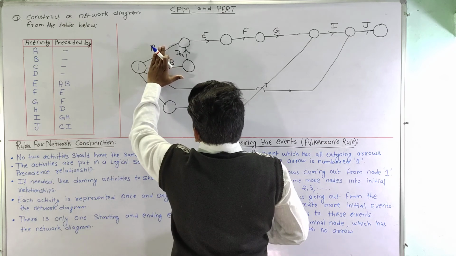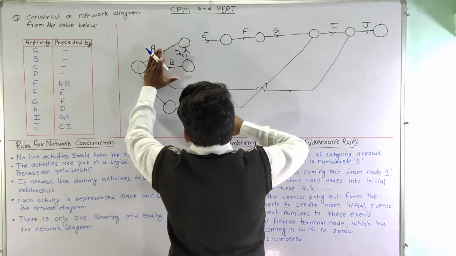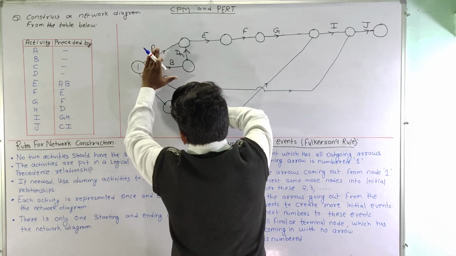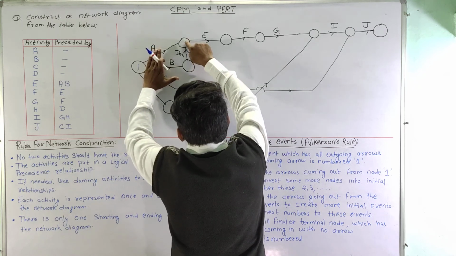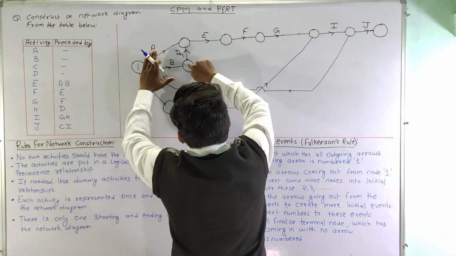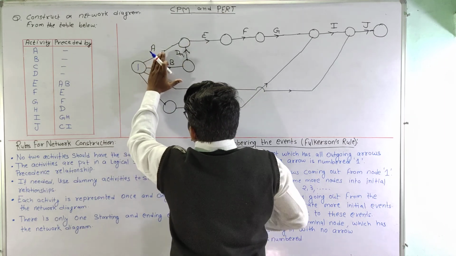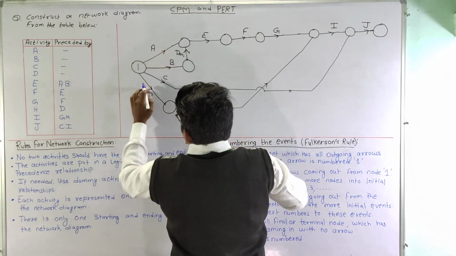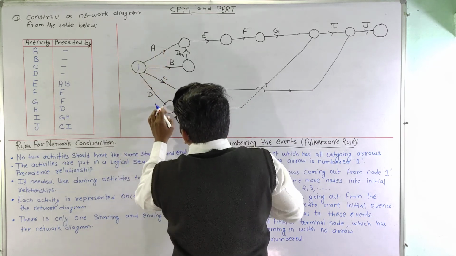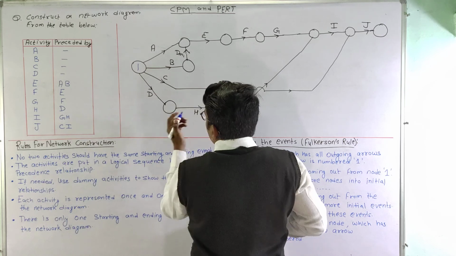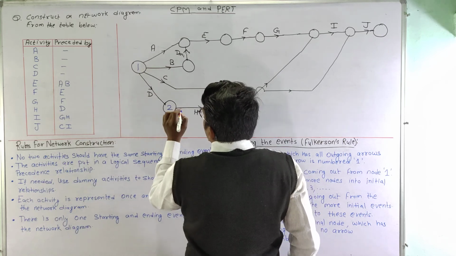After this, we can see that we will have new initial events which are having outgoing arrows and no incoming arrows. If activity D has been erased, this will have only one outgoing arrow, so this can be termed as 2.